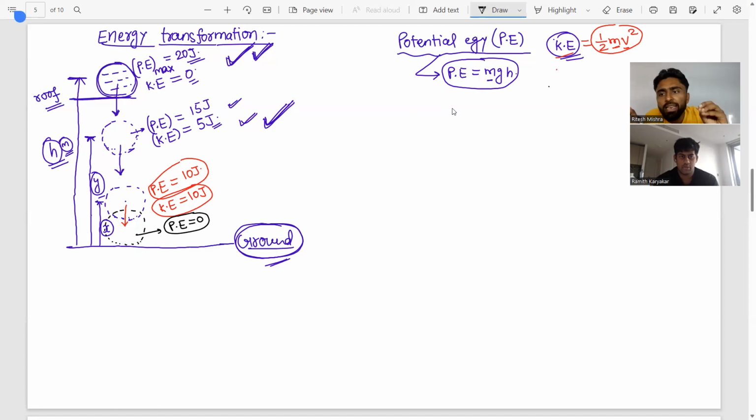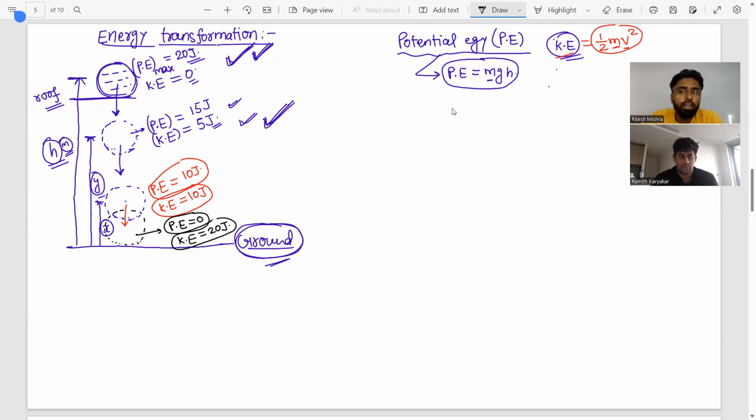Almost it has touched the ground. Then the potential energy of this body at this position will be 0 because height is 0. Then kinetic energy will be 20 joule.